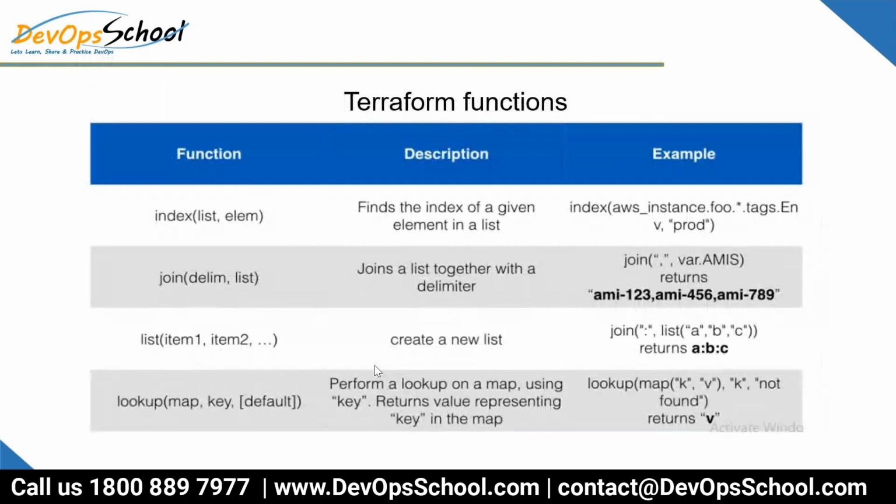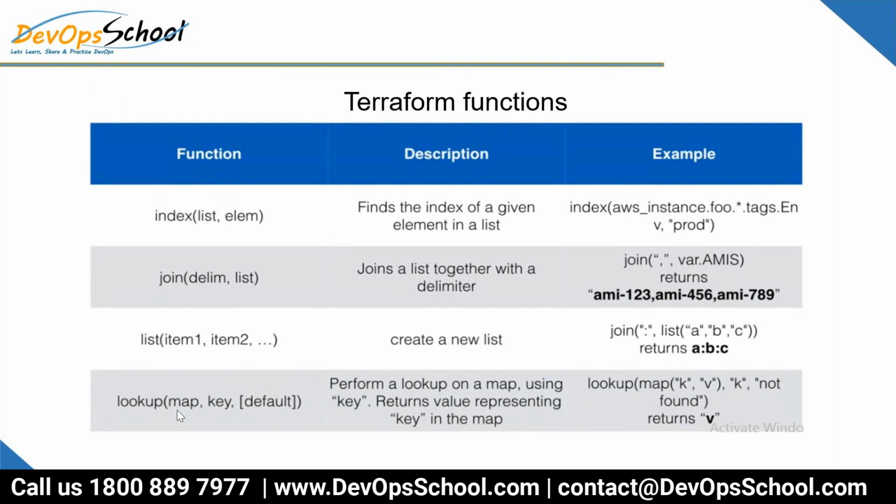Here you have the index function and the join function. The lookup function is very important. If you remember, there's a variable type which is a map, and you want to look up one of the keys and its value. Just use the lookup function, provide the name of the map and the key, and it will automatically return the value.